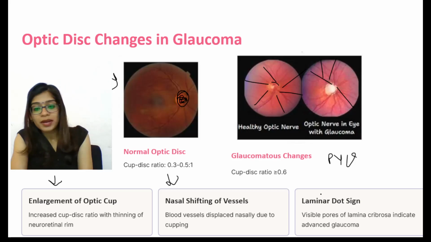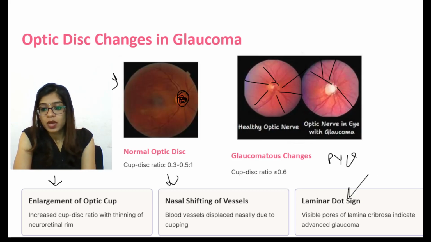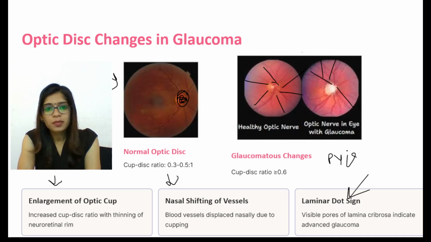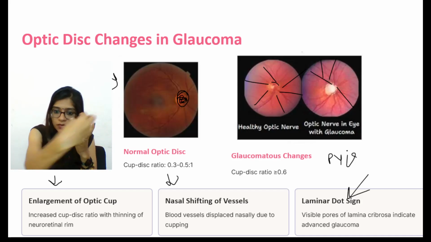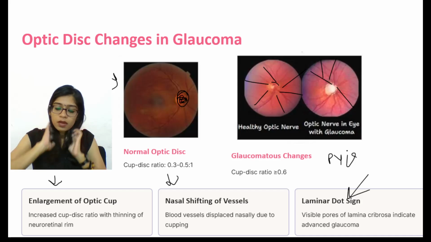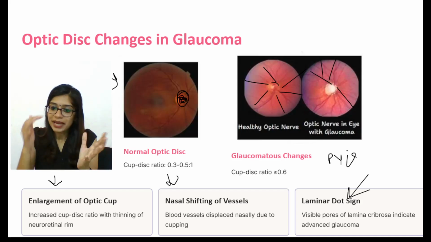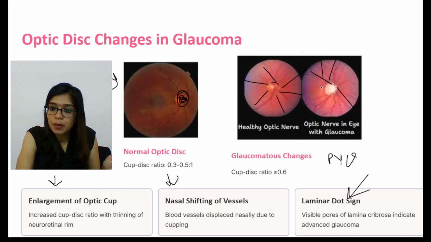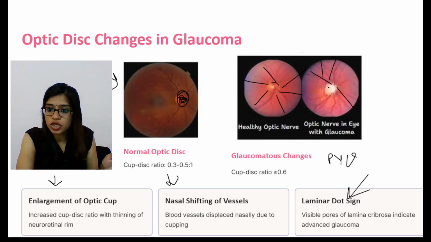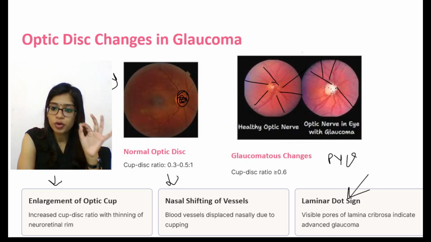Now, the third point is the laminar dot sign. What is the laminar dot sign? See, what is the lamina cribrosa? It is a sieve-like structure through which the optic nerve leaves the eye. As the cup enlarges, this lamina cribrosa becomes visible. Then you can see a small pore structure. As the cup enlarges, you can see pores or small dots here.